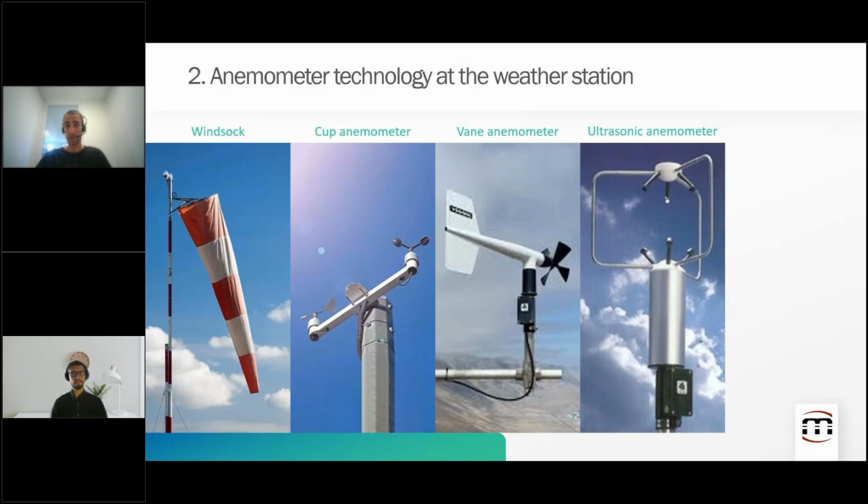And the last one is the ultrasonic anemometer, because there is a sound wave to measure the wind speed and the wind direction. The big advantage of this technology is that you can easily set it up in extreme conditions in remote sites, such as an island or a platform on the sea.